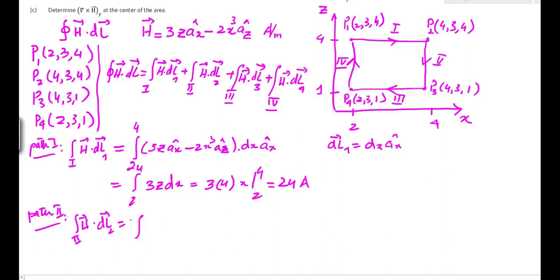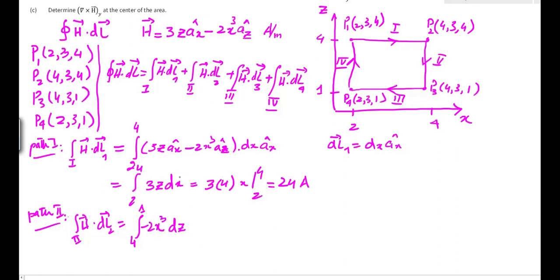The direction is captured in the limits without giving a separate sign to the unit vector. So if you put the limits from 4 to 1, it automatically captures the negative z direction. The component along the z direction of this field is only the minus 2x cube.